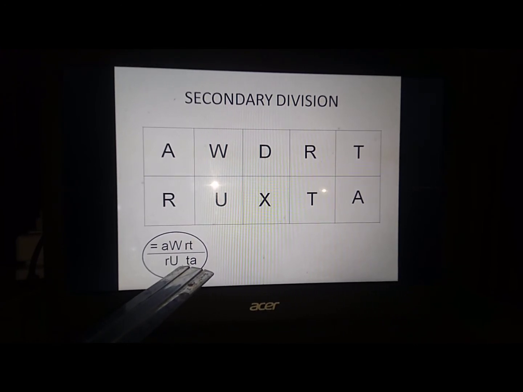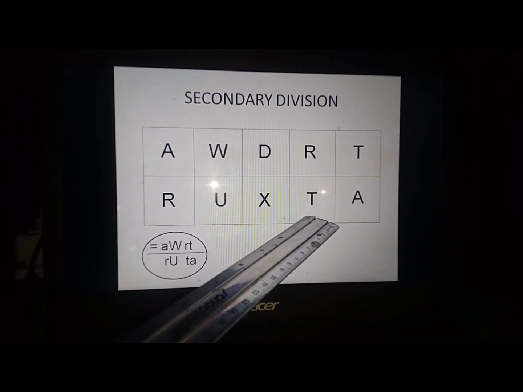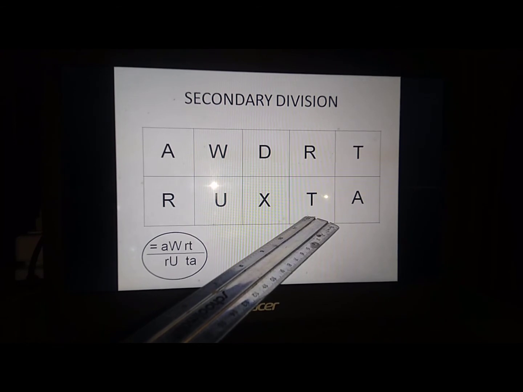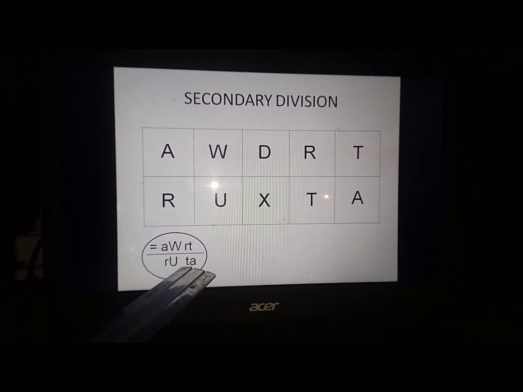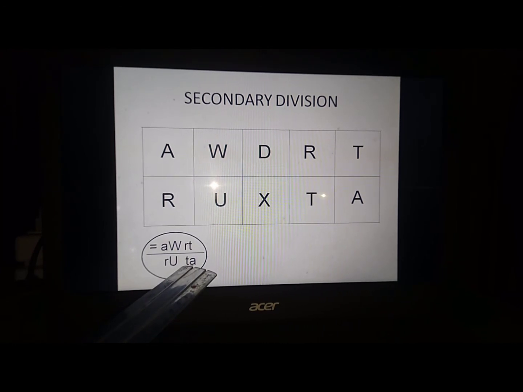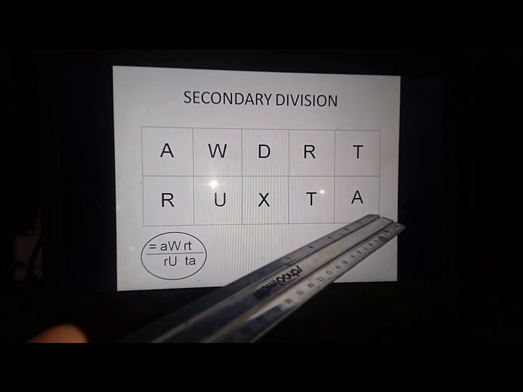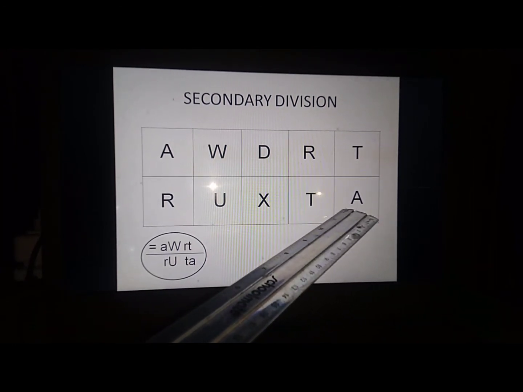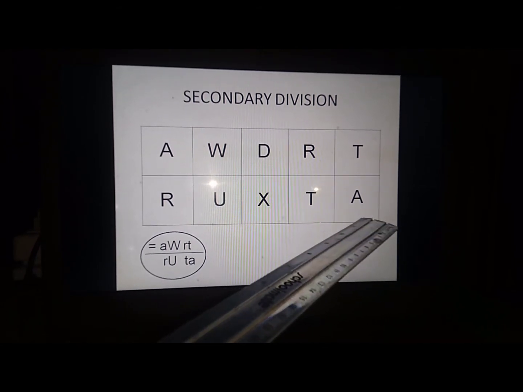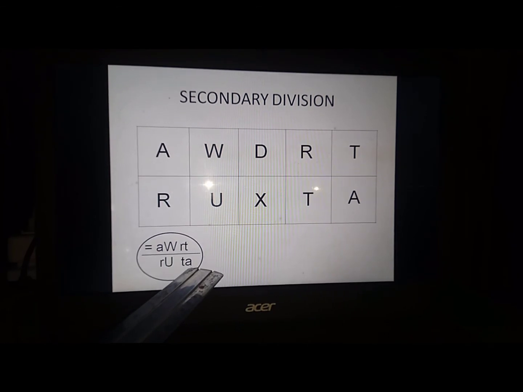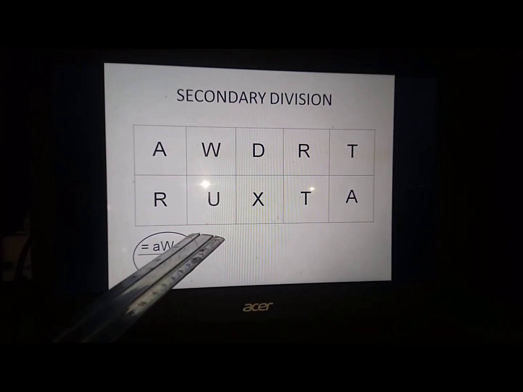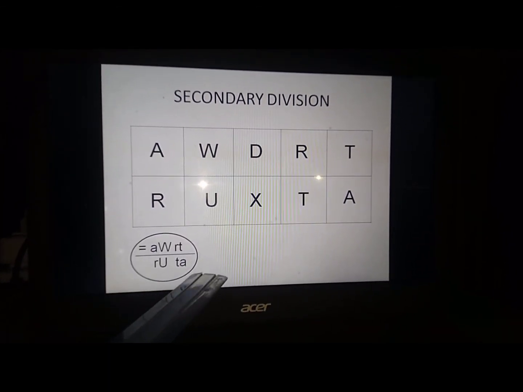Finger number 9, since it belongs to the rat family, we should put small letter t. And in finger number 10, plain arch, since it belongs to the rat family, we should put small letter t here. So we just completed the secondary division.